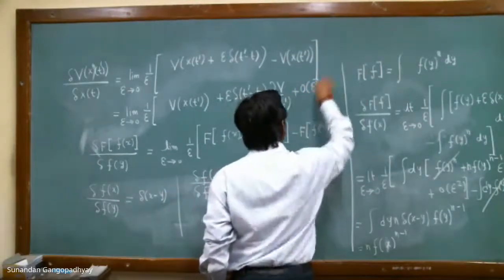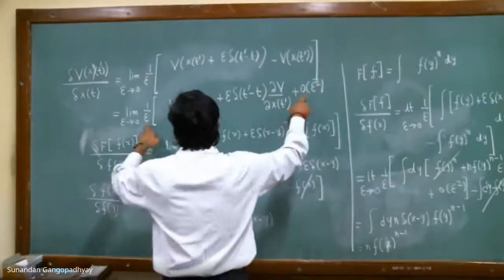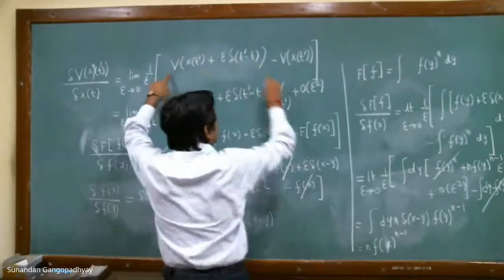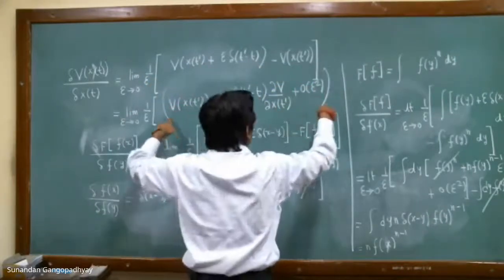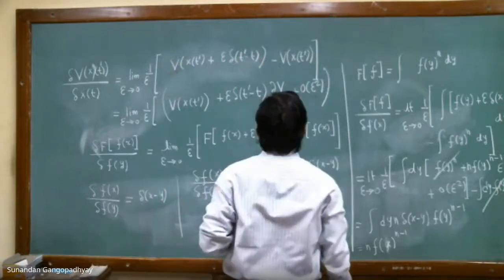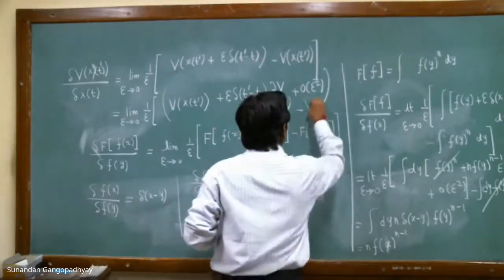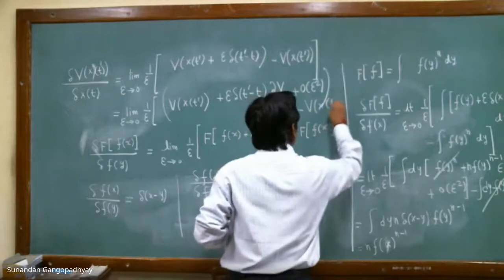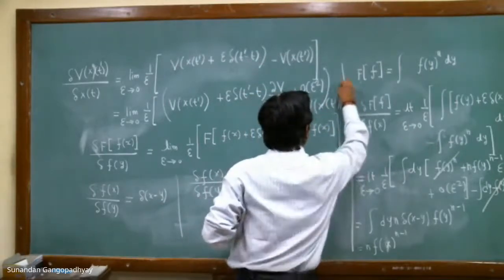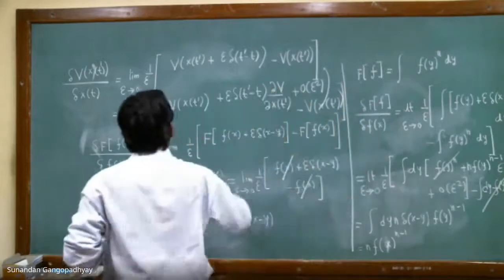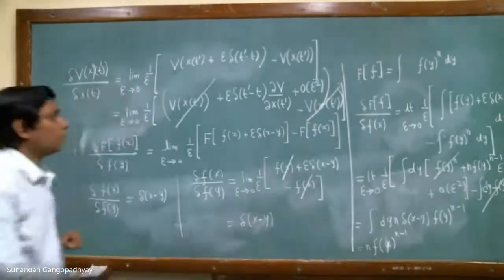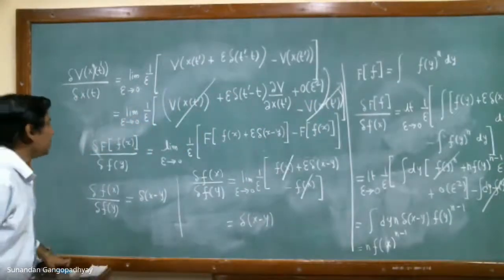We can drop these terms because all these terms will go to 0 in the limit epsilon going to 0. The thing that I have written in this parenthesis is basically this term after Taylor expansion, keeping terms up to order epsilon. And then we have a minus of v x prime. Now you can immediately see that this term cancels with this term. This is gone, and what remains is the following.